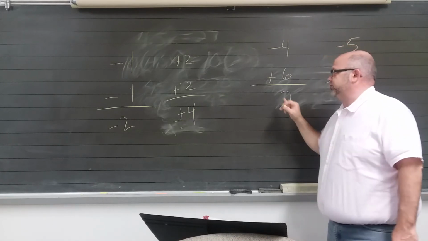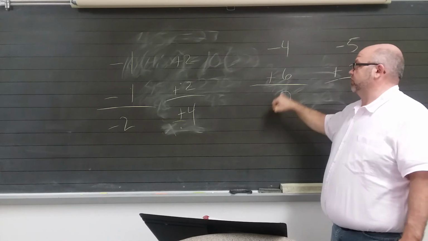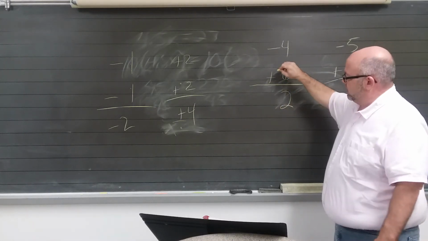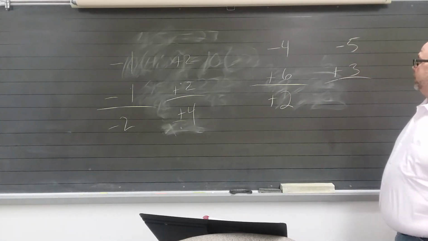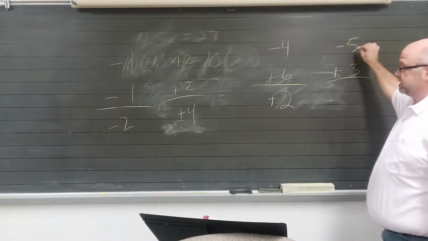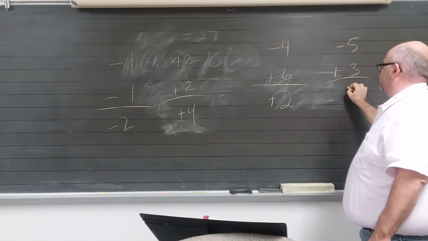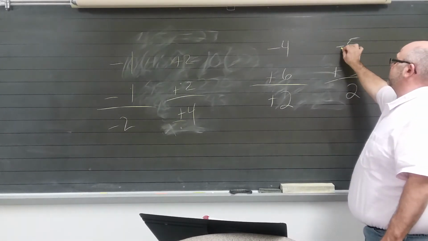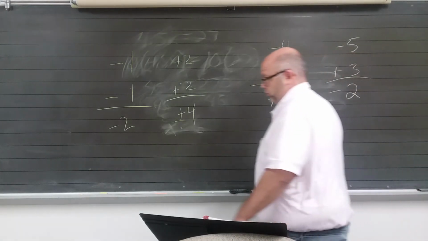And then you put the sign of the highest absolute value with the answer. 6 minus 4 is 2. The highest absolute value has a plus, so your answer is plus 2. All right? Over here, different signs, subtract. 5 minus 3 is 2. The sign with the highest absolute value is a negative. So that one would be negative 2.